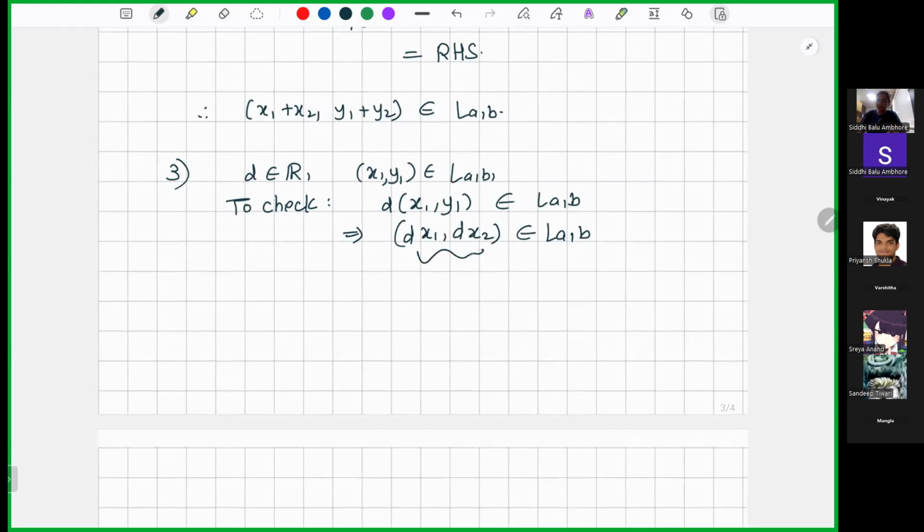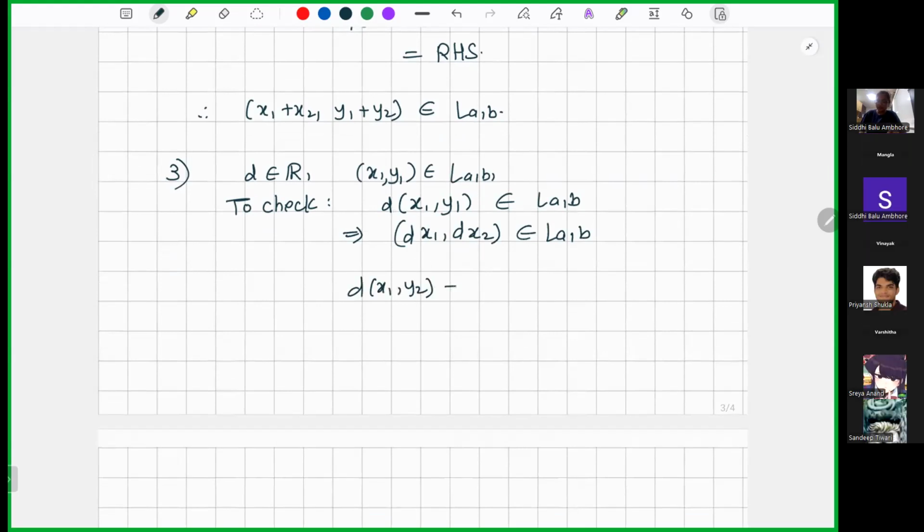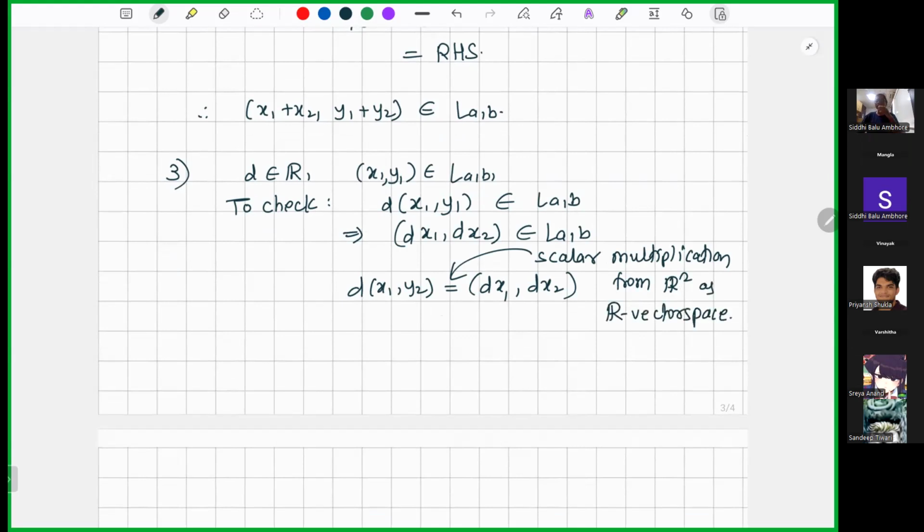So when I write d times x1, y1 equal to d x1, d y1, this I can write because this is the scalar multiplication from R2 as an R vector space. And I need to check whether under this scalar multiplication, the way it is defined in R2, it is closed in this line L_AB or not.